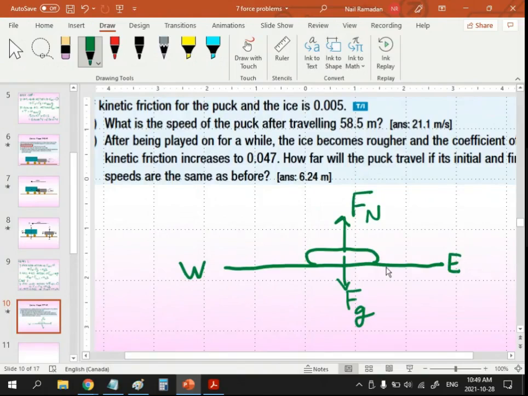No. Was there a force applied at the beginning? And then what happened? It was let go and energy took over. Okay? So there's no force applied. But it's coming to a stop. What's stopping it? Or what's slowing it down at least? What kind of friction? If it's moving west, which way is friction acting? Great. Go ahead.